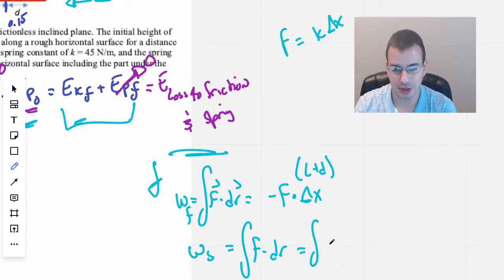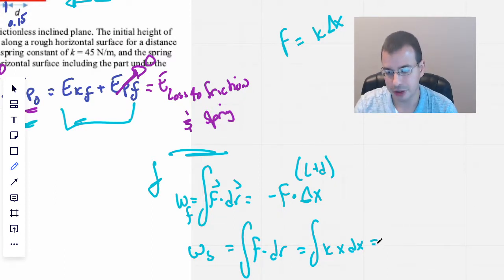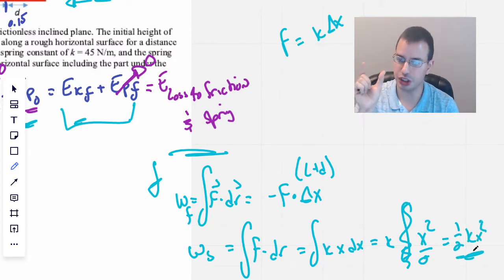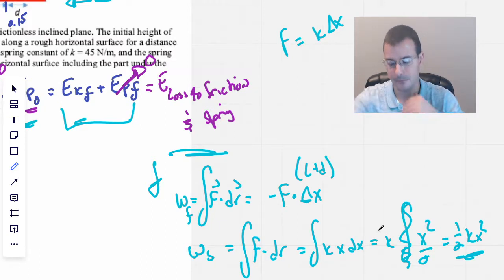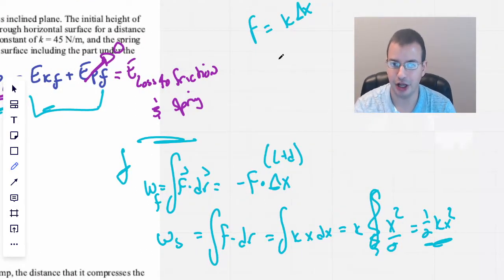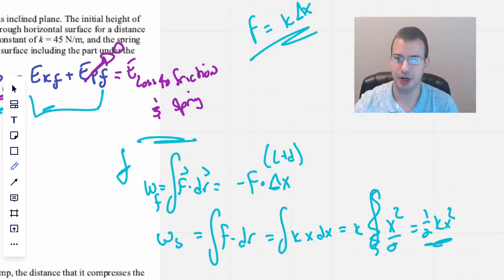So this is going to be something like kx dx. I converted the r to the x. They're both displacements. You factor the k out because it's a constant, and you get x squared over 2. Yep, so you get 1/2 kx squared, which is the traditional way that you write the energy due to a spring. It's just an integral of the force caused by a spring.